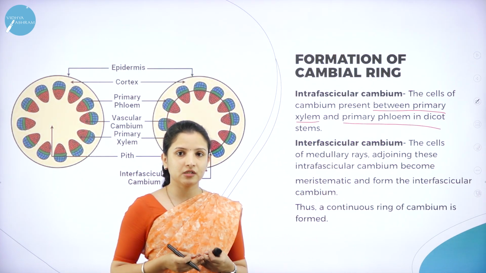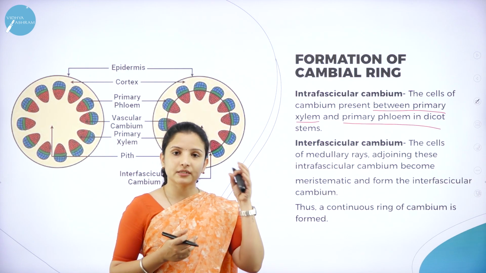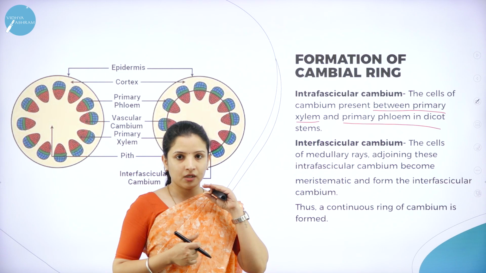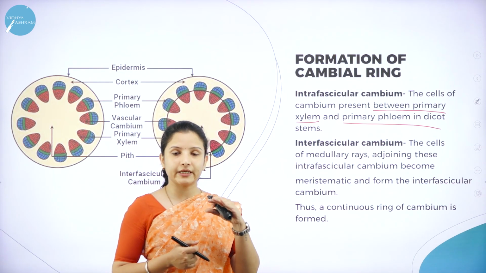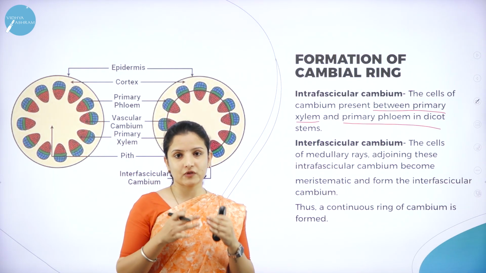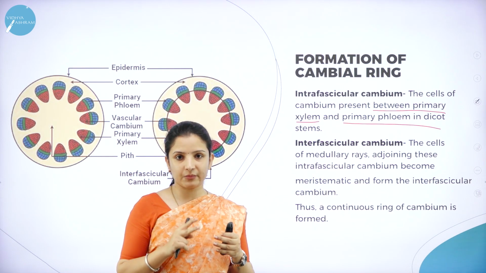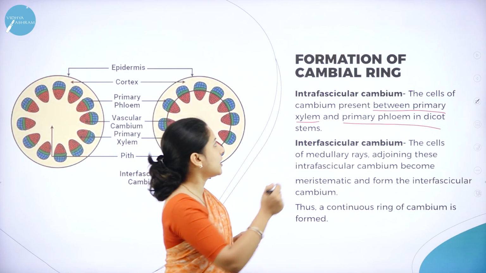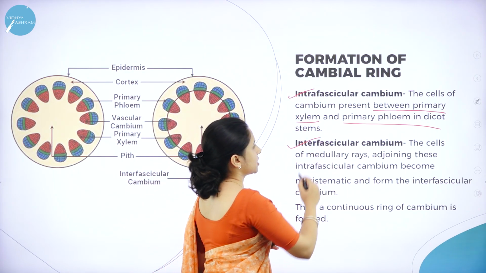So you all have learned, what is the cambial ring? It is a layer of cells that is formed between the xylem and the phloem. In the formation of the cambial ring, two types are formed: one is intrafascicular cambium and the other is interfascicular cambium.